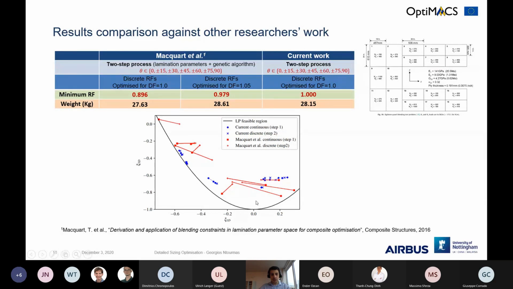We plot them in what is part of our stiffness design space, and we can see quite a big difference between the continuous and the discrete results for the other work. This big difference is the problem, because it means you have to perform the optimization again and end up with a larger mass, penalizing the structural weight, as we can see here.